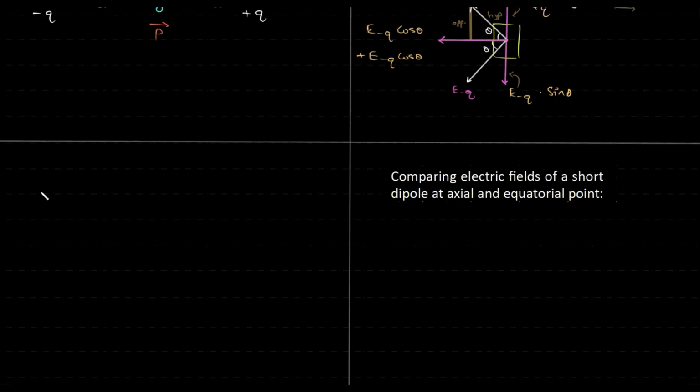Therefore, the net electric field at P, E net or E P, will be equal to minus E minus Q cos theta in the i cap or p cap direction. It's opposite to that of your dipole moment.